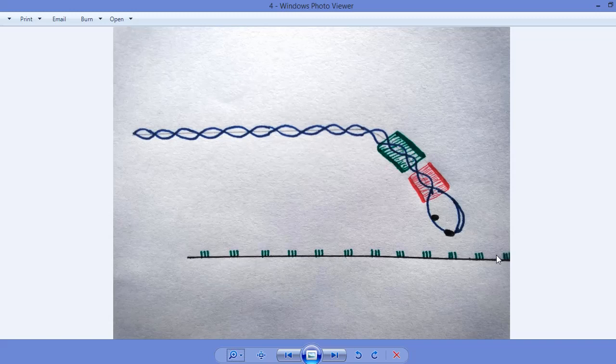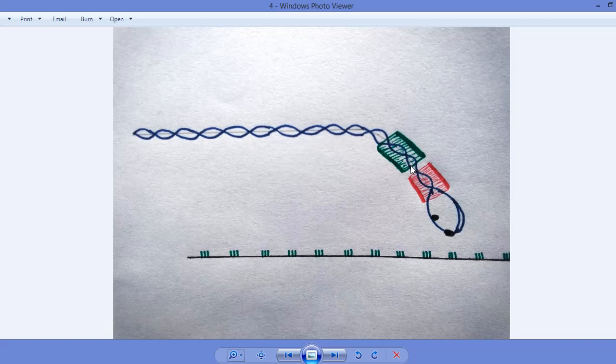This is the actin filament, and this actin filament has a large number of active sites, and these active sites are now uncovered. This is the myosin filament. This is the tail of the myosin filament, and this is the head of the myosin filament, while this is the arm of the myosin filament. This is hinge 1 of the myosin filament, and this is hinge 2 of the myosin filament.